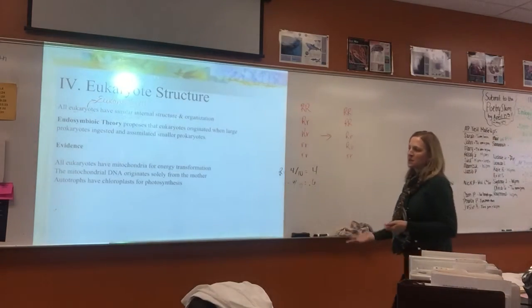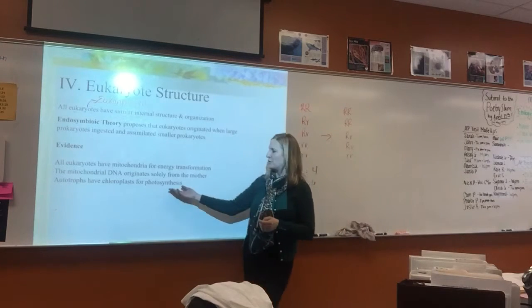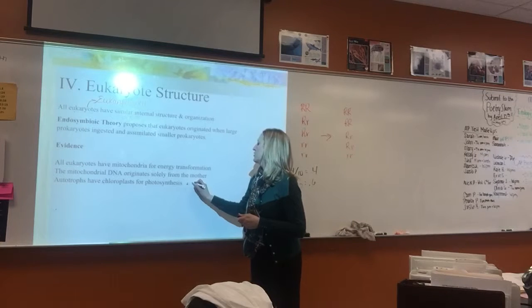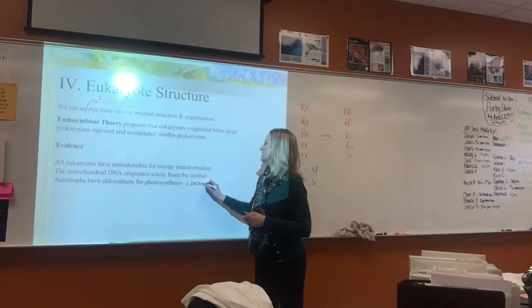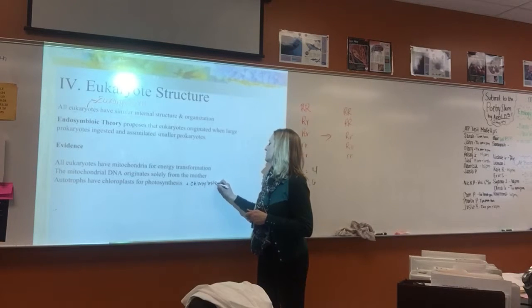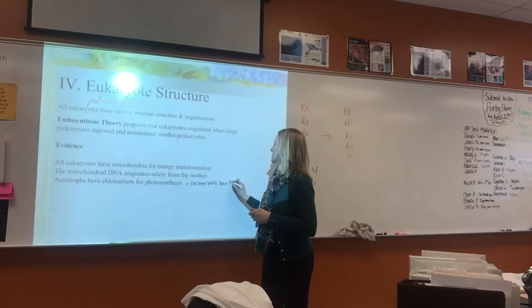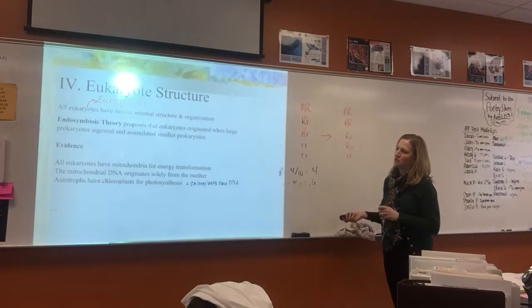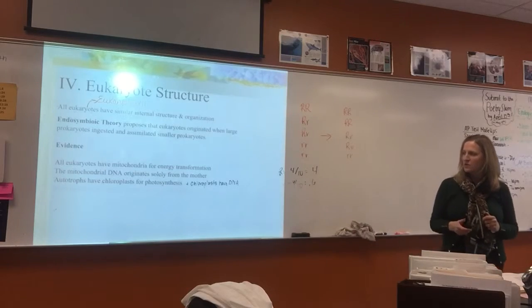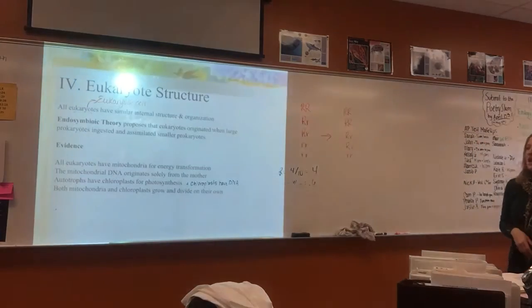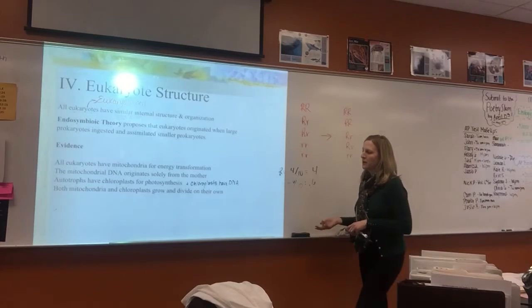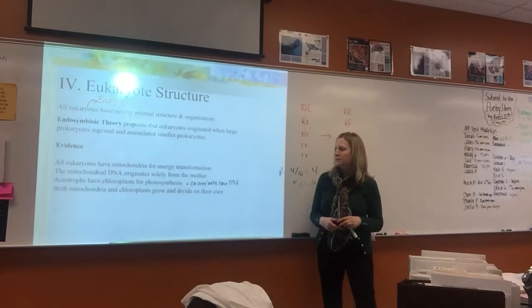Autotrophs, organisms that make their own food, have chloroplasts for photosynthesis. And the chloroplasts have DNA as well. So the chloroplasts were probably also once free-living organisms. And both the mitochondria and chloroplasts grow and divide on their own, kind of like bacteria do.